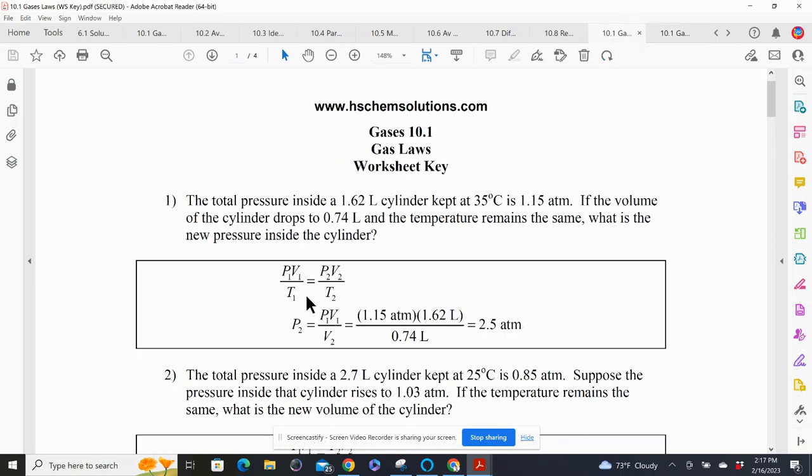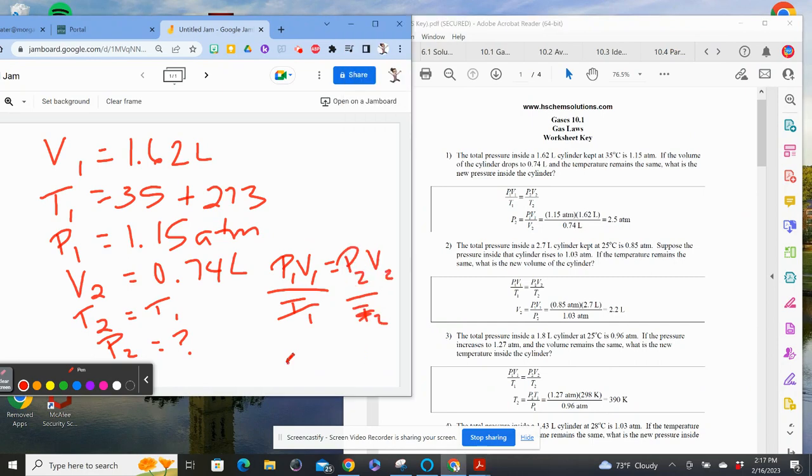So again, the T's are not included because the T is held constant. And you're solving for P2. So if you have P1 times V1 equals P2 times V2, because again, our T's have canceled out, if I'm going to solve for that, I just need to divide by V2. Put in all my numbers and get my answer. And that's all you're going to do each time.